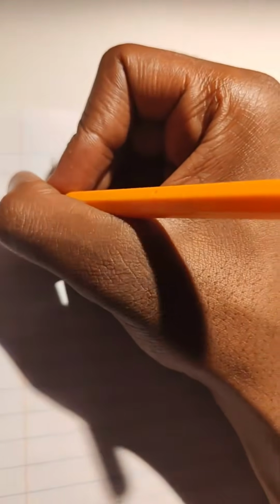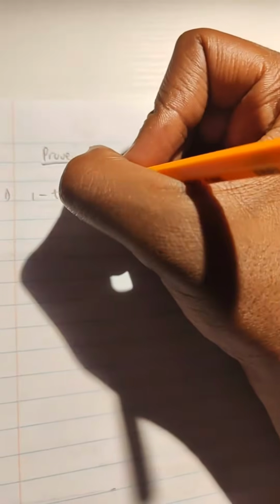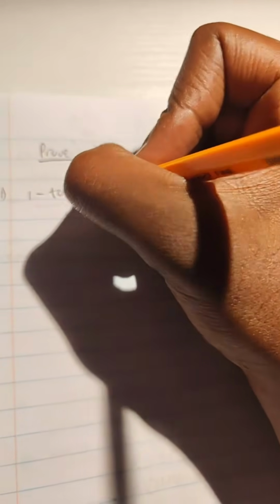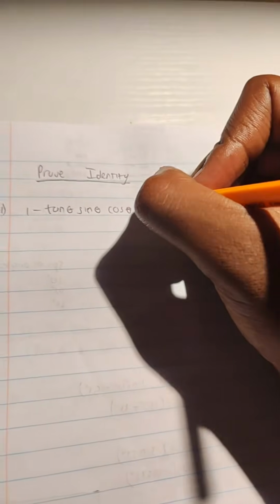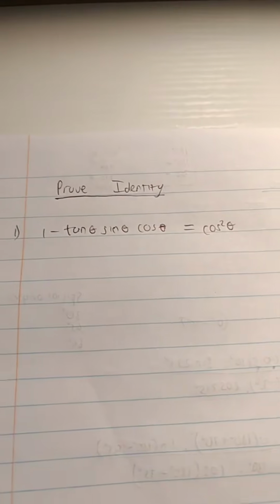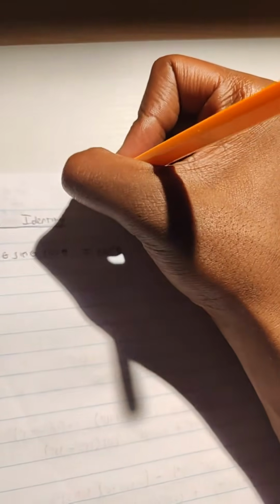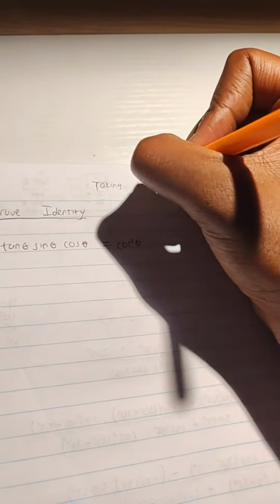Prove the identity. Let's look at one question. 1 minus tan theta sine theta cos theta is equal to cos squared theta. Guys, remember, proving identities is about taking a complex side.